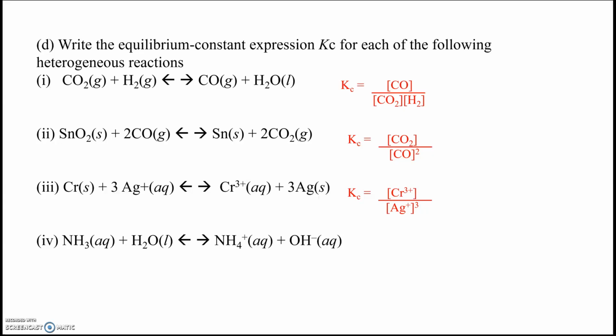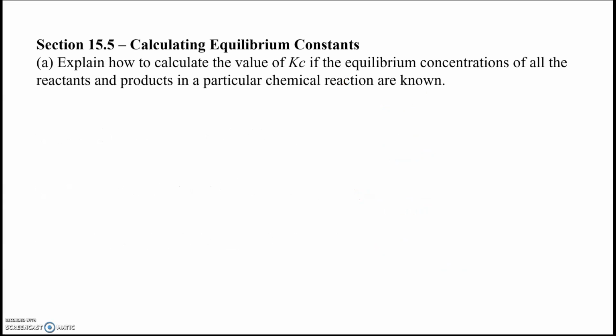In the fourth example, our equilibrium constant is going to be the concentration of ammonium times the concentration of hydroxide divided by the concentration of ammonia. We leave out the liquid water. We do include the ammonia that is dissolved in the water. So that part is included in this equilibrium expression.